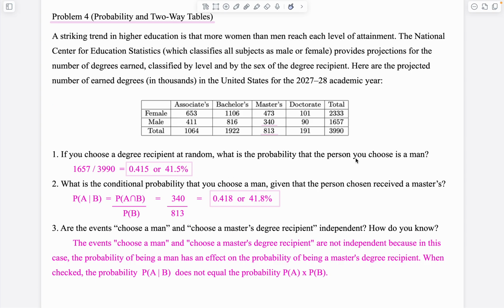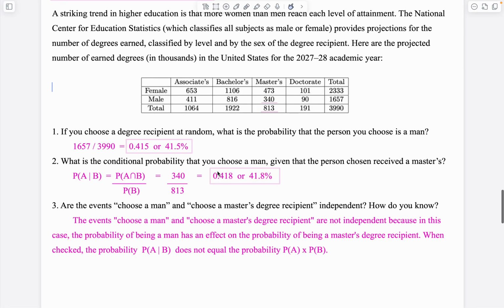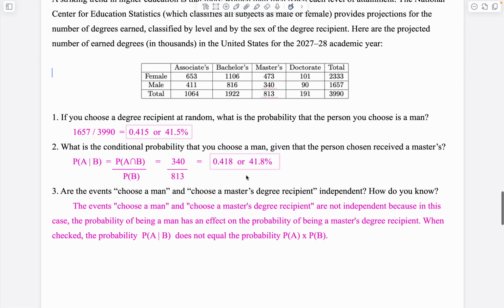But it's asking specifically for the probability that you choose a man. So looking at all of these, you're going to look for the probability of any of these being a male. So that's going to be this number right here, 1,657. So you just divide those two right here, and you get 0.415 or 41.5%. So that is the probability for choosing a man for any degree level.